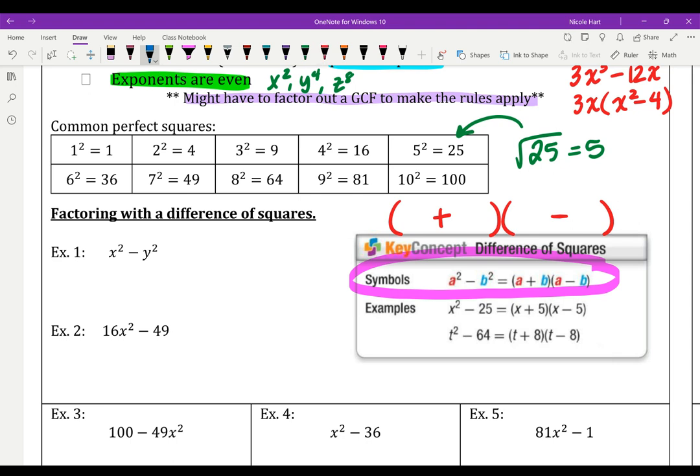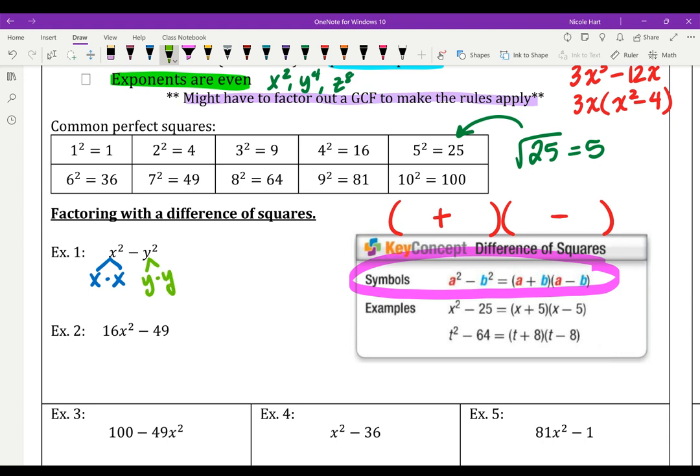So keeping that in mind, my first example here says x squared minus y squared. So I want to think about, what does x squared represent in terms of perfect squares or in terms of multiplication? Well, x squared is x times x. y squared is y times y.